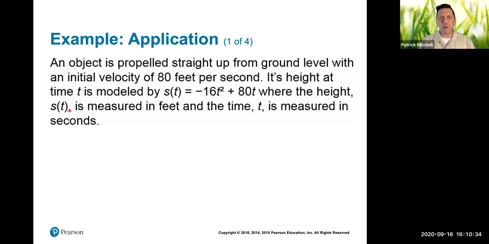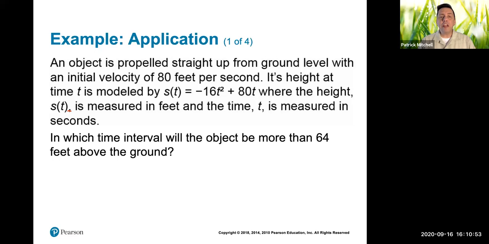So that fits the formula that we had on the previous slide, right? V0 is 80 and s sub 0 is 0 because we're throwing the object up from the ground. All right, so the question is, in which time interval will the object be more than 64 feet above the ground?